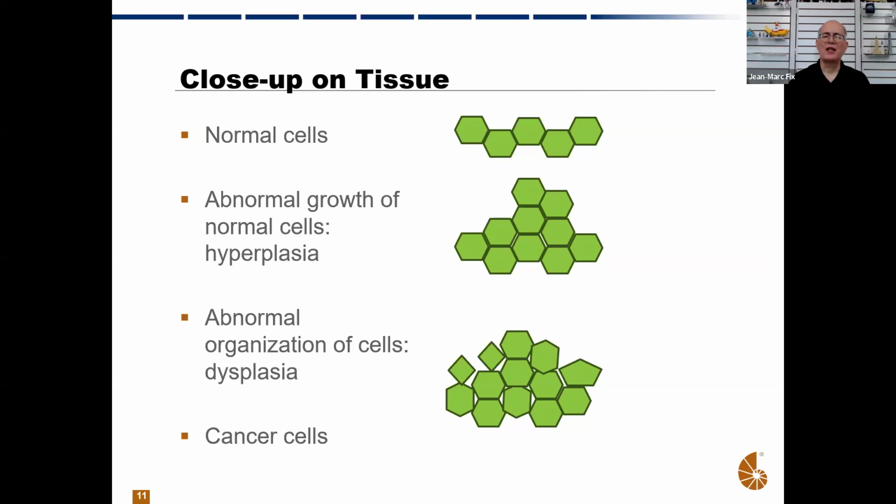A number of cells are abnormal, the organization is a little bit abnormal, but the cells themselves are normal. The next level up from an abnormality perspective is dysplasia, where now the cells stop being normal. That's often a precursor for cancer. That's why a lot of pathology reports look at those factors to understand, is it just dysplasia or is it cancer? That's really important to figure out.